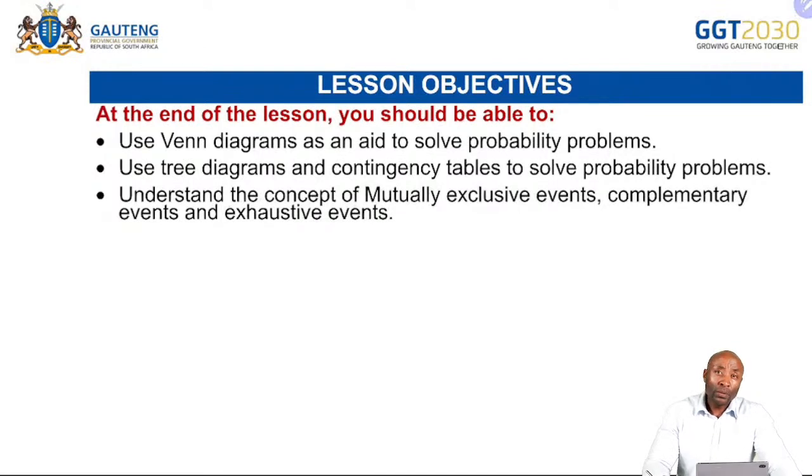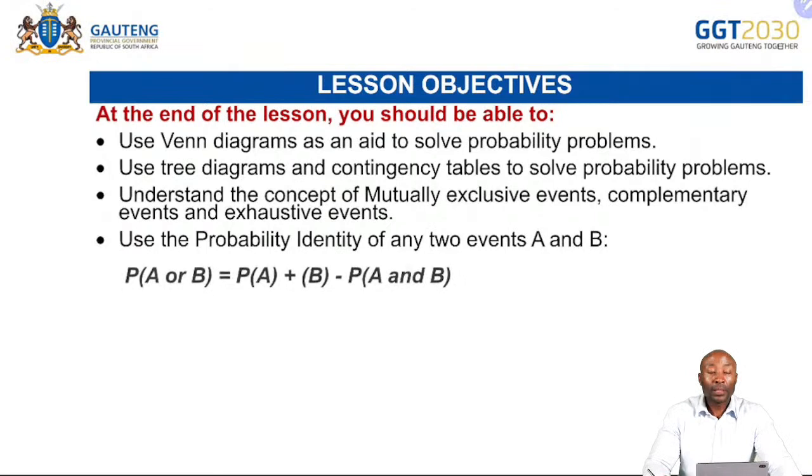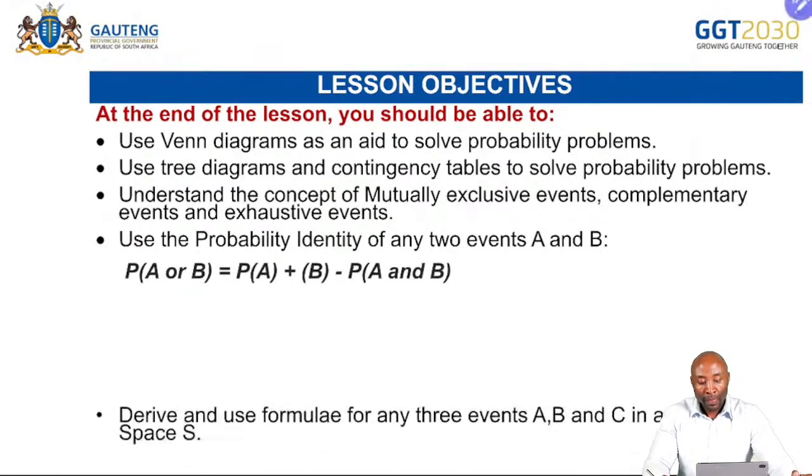We should be able to understand the concept of mutually exclusive events, independent events, complementary events, as well as exhaustive events. We should be able to use our probability identity, which is given as follows. It is also given in our formula page.